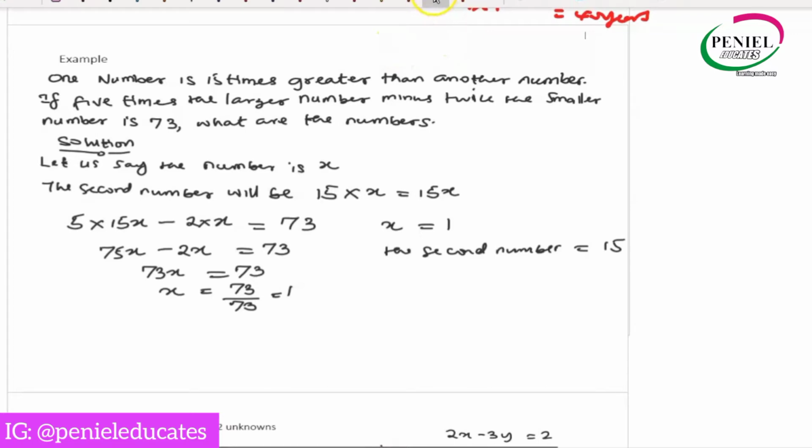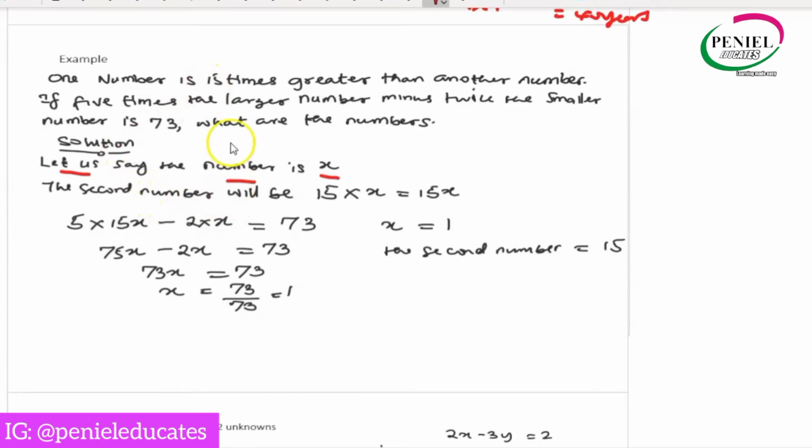All right, let's look at other examples. One number is 15 times greater than another number. If 5 times the larger number minus twice the smaller number is 73, what are the numbers? Let us say that one number is x.